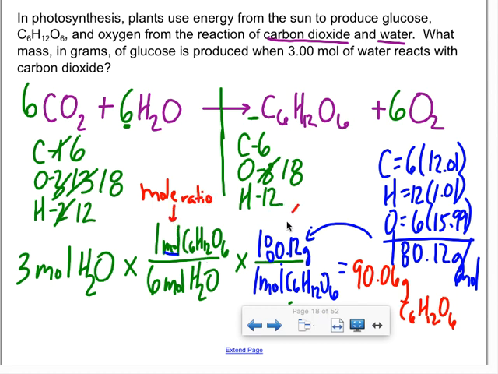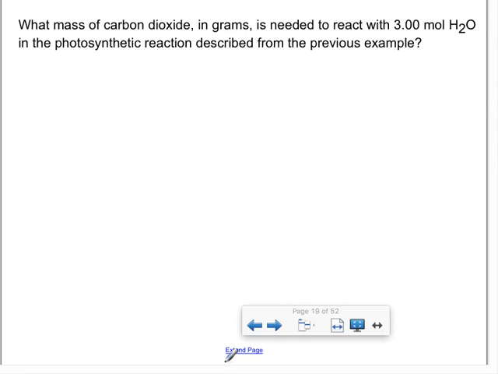This was the molar mass. Notice that when I set this up, moles of water cancel. When I set this up here, moles of glucose is canceled. And the only thing left is grams of glucose. Okay? So let's try another example.